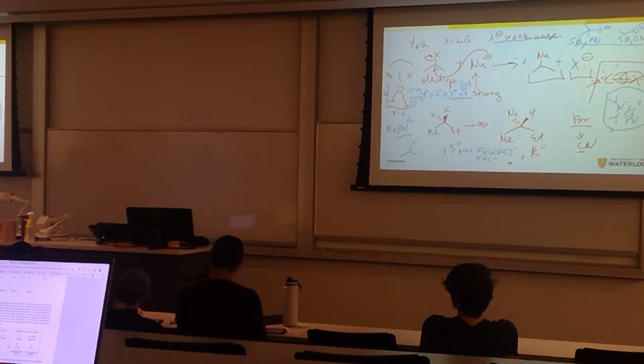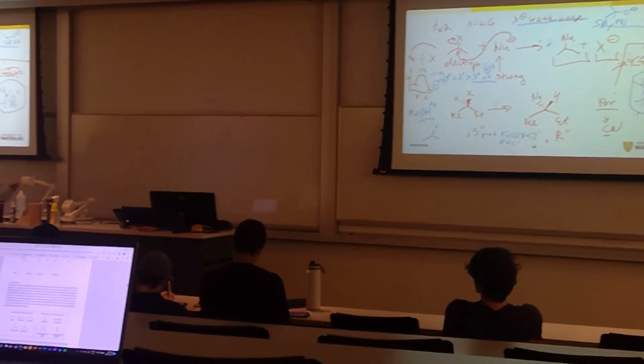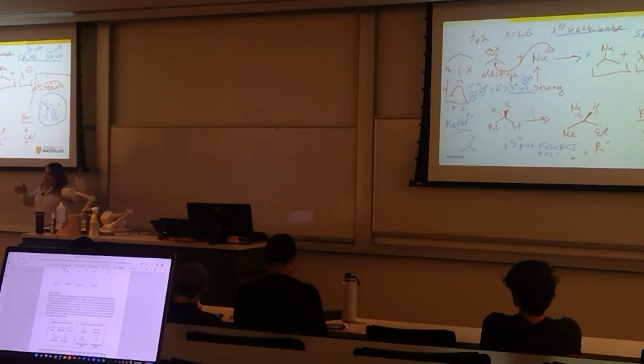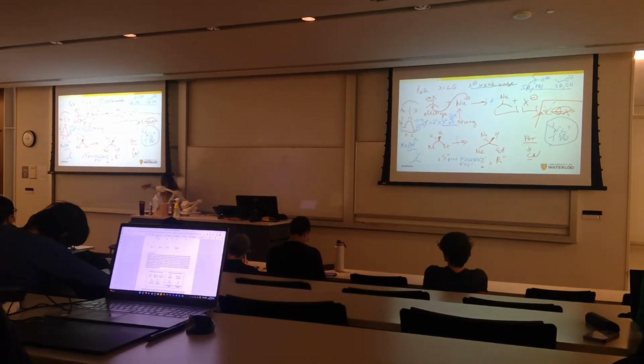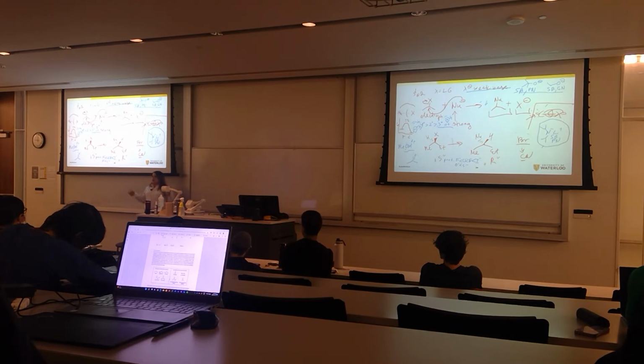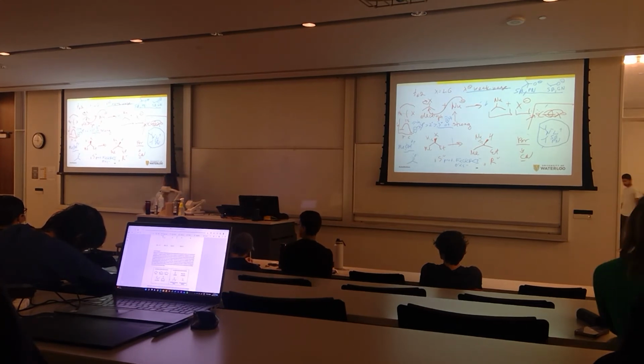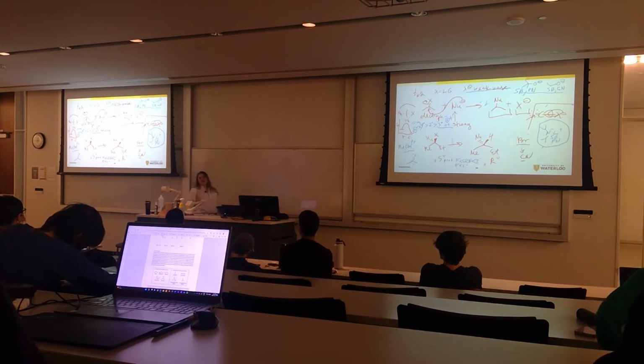The transition state here has delta plus in the middle, delta minus on the nucleophile, delta minus on the leaving group, so it is partially charged, and if you take a non-polar solvent, that transition state will be extremely bad in energy, and your activation energy will be through the roof. This is why we don't even consider non-polar solvents for reactions like SN2 and SN1.